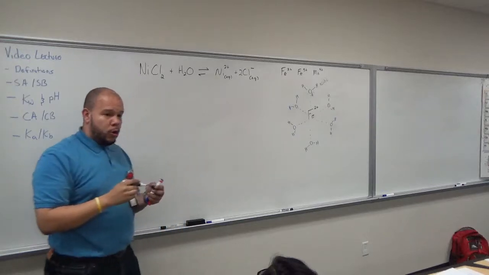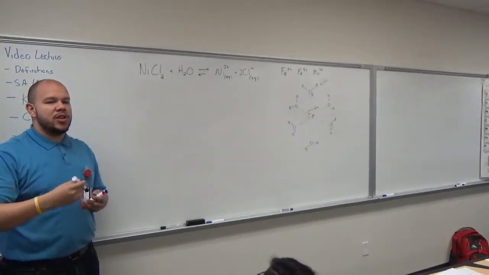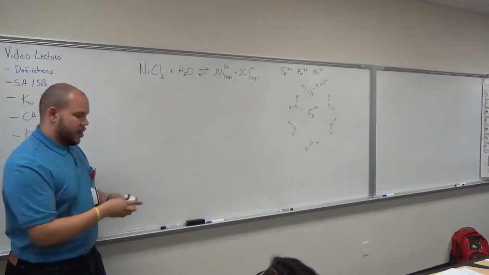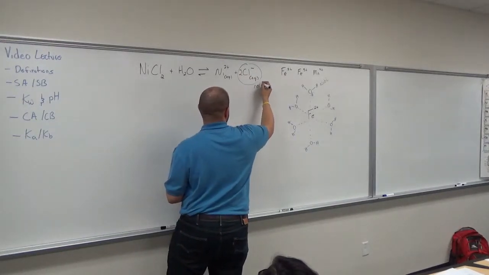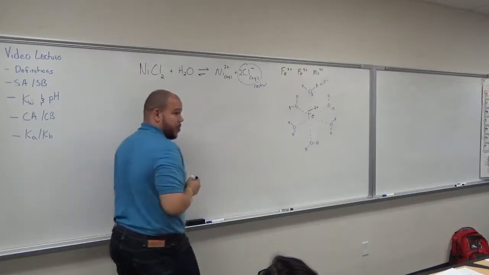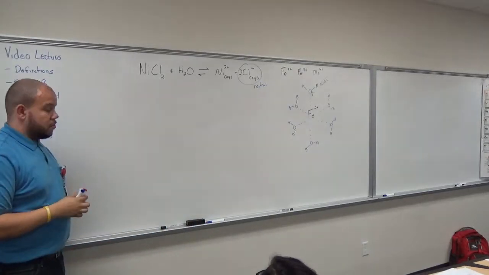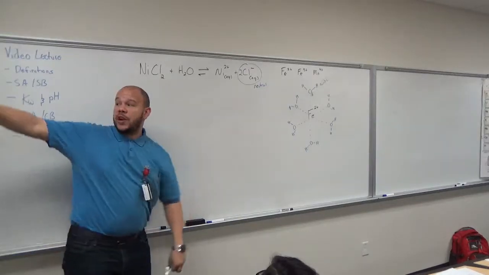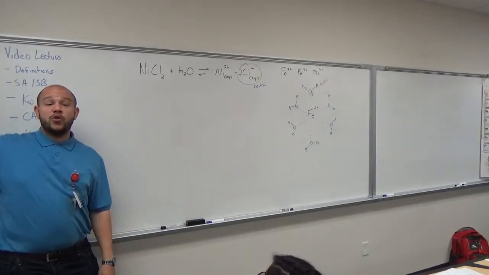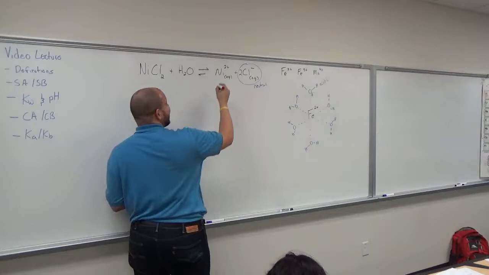What do we know about chloride? It is the conjugate of a strong acid, therefore neutral, will not impact our pH. Nickel 2+, however, a transition metal or post-transition metal, has acidic character.